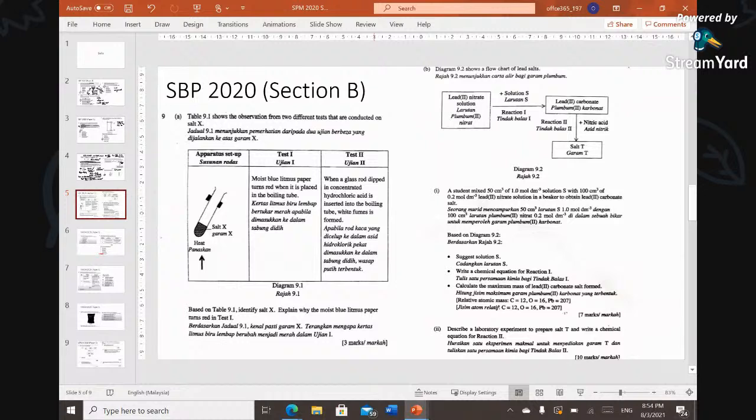So litmus paper turns red. So it is acidic.